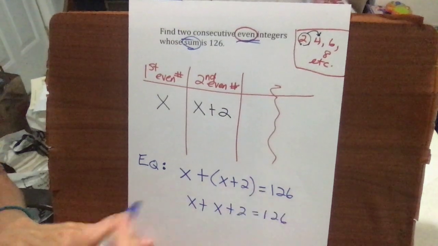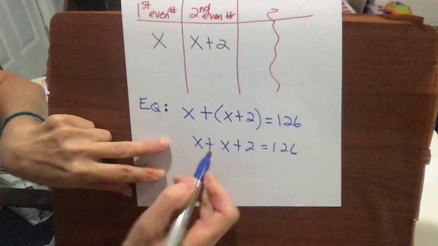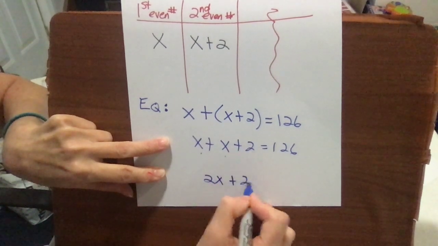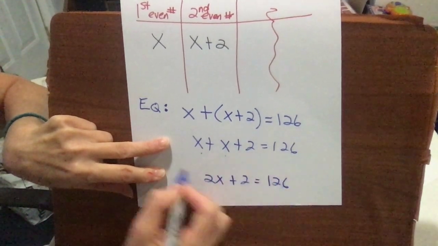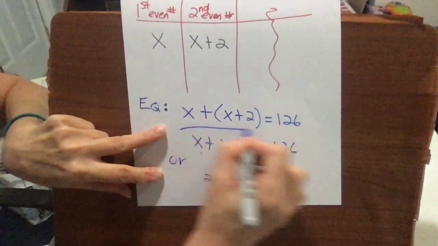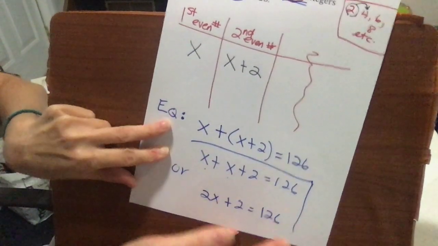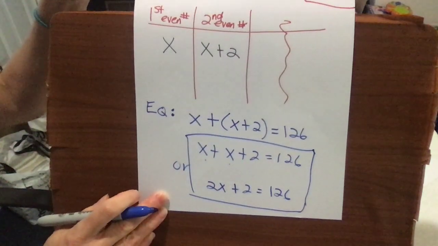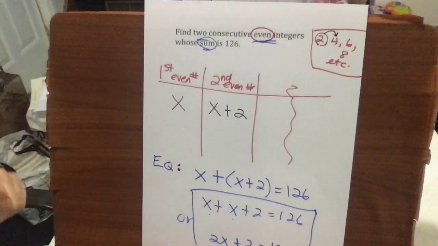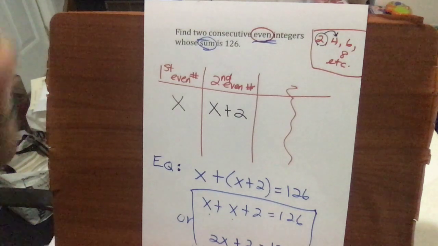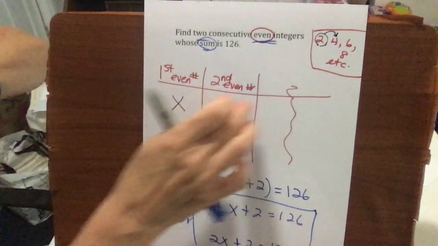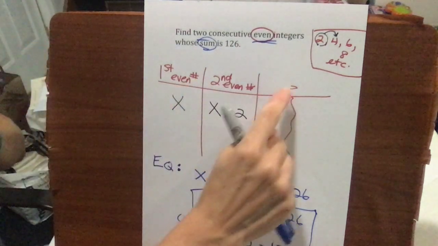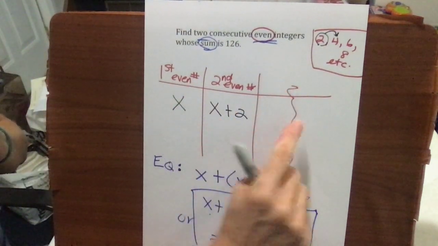And if you do know how to combine like terms, you can say x plus x is 2x plus 2 equals 126. And I'll take either of these 2 equations. So that's how you get an equation for 2 consecutive even integers. Again, you could have 2, 3, 4 of them, and you would just keep skip counting by 2. So if you had a third one, it would be x plus 4.